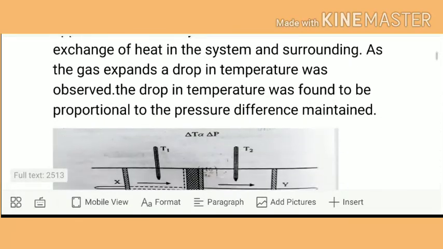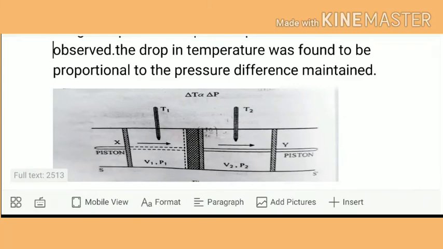This is the experimental setup, and there is a thermally insulated tube fitted with a porous plug in between, and two frictionless and weightless pistons X and Y, and two thermometers T1 and T2 are also fitted in the tube to record the temperature.